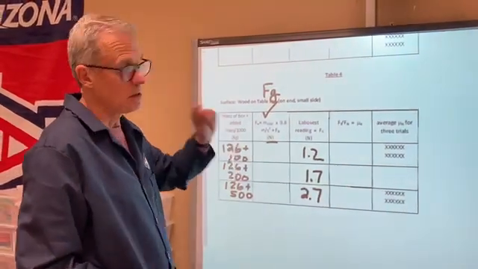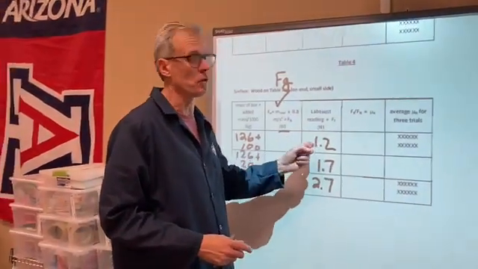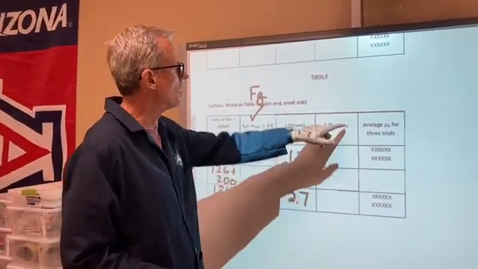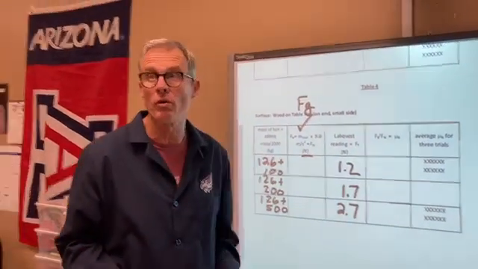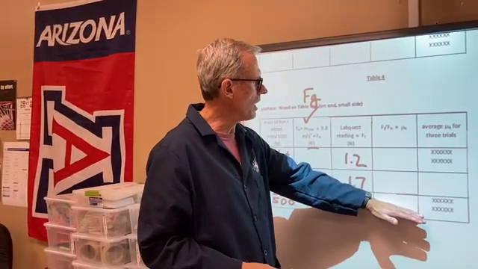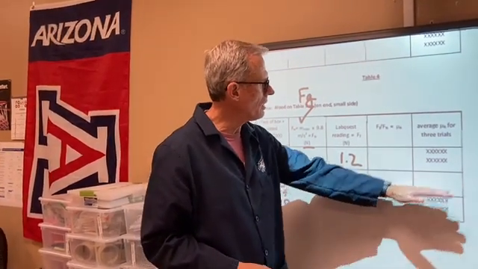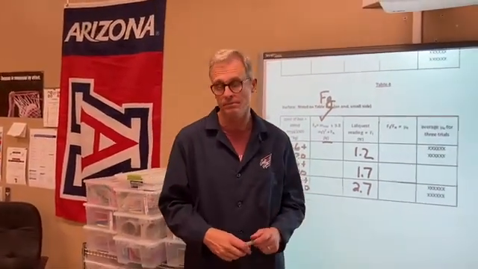Because it's moving at a constant velocity, the pulling force is equal to the friction force. You can get the coefficient of friction by dividing the friction force by the normal force. That'll give you a coefficient of friction. Add those all three together, divide by 3, get an average for each table. And then we're going to talk about the results. Okay, go for it.